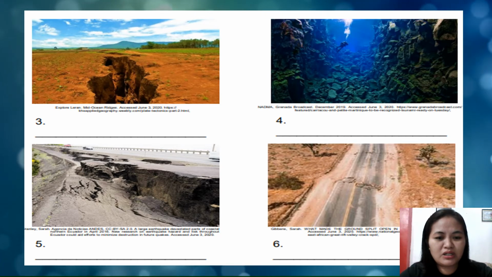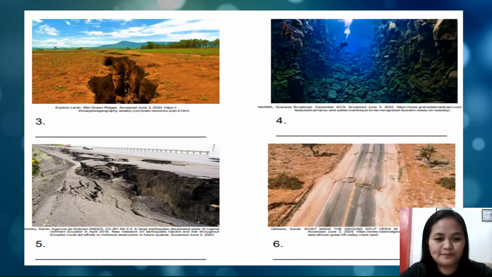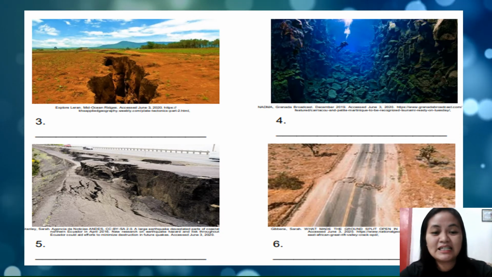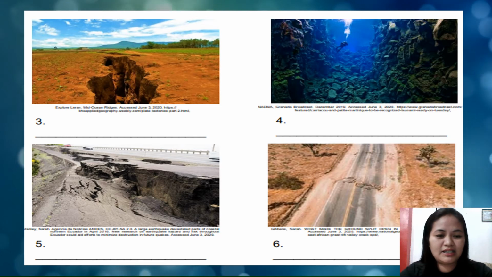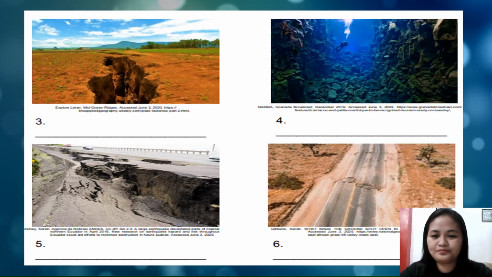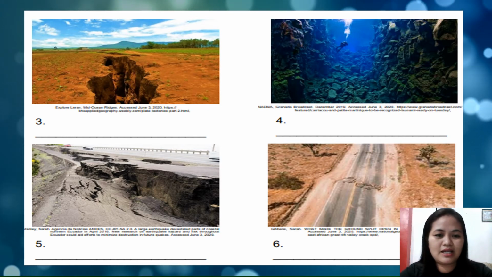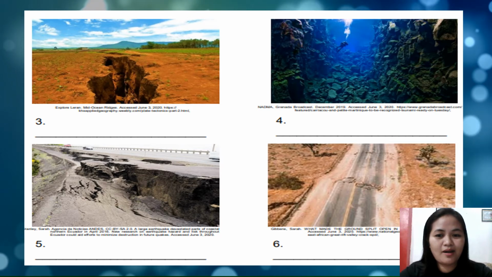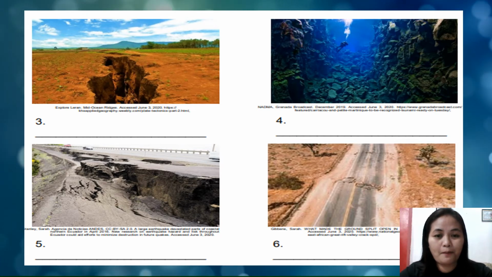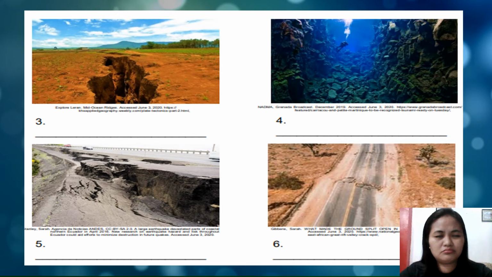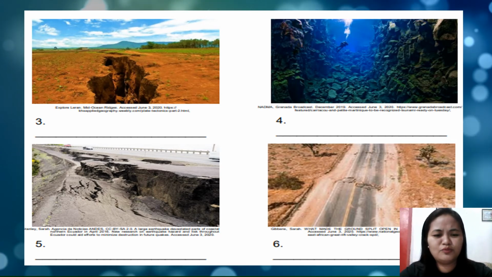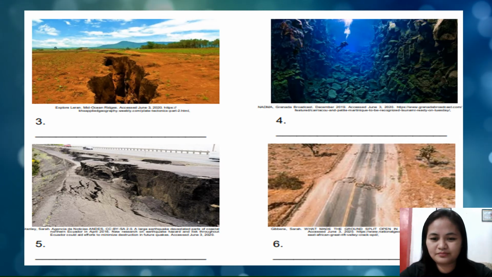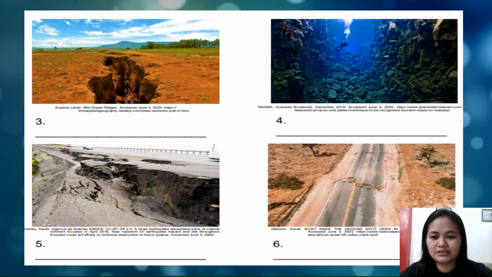May paggalaw na nangyari. Sinabi ko na naman. Because I want you to take this easy. That is number 5. Magkadikit. Hindi sila naghiwalay. Hindi rin sila nagtagpo. Hindi sila nag-collide. Basta magkadikit sila and nag-move sila. Touch by touch. Ganon din si number 6.